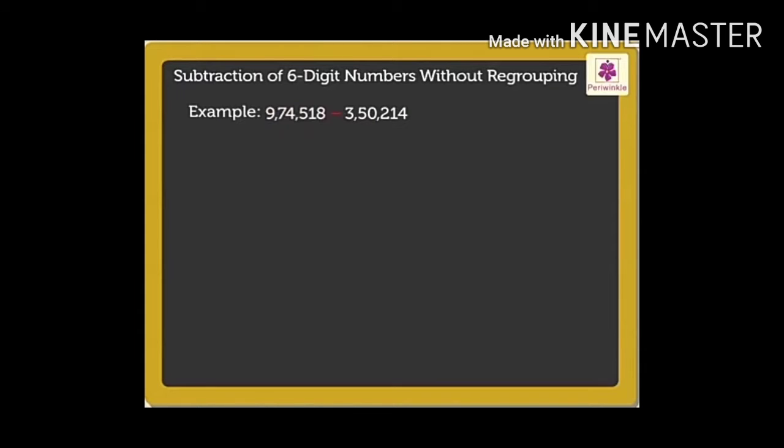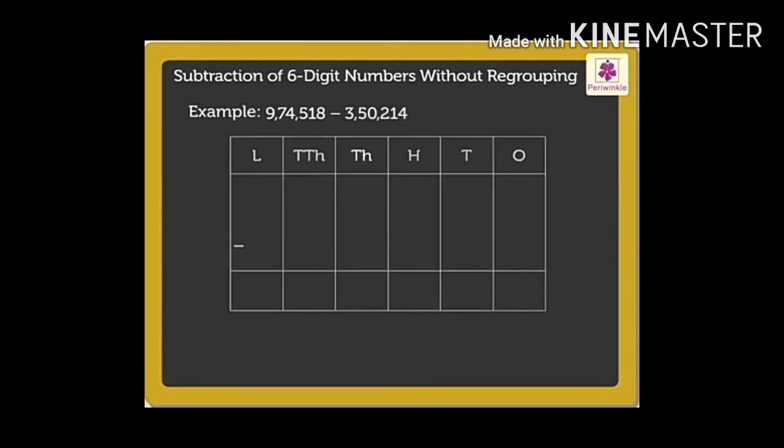9,74,518 minus 3,50,214. Now we have to write these numbers in the place value chart: ones, tens, hundreds, thousands, 10,000s, lakh.